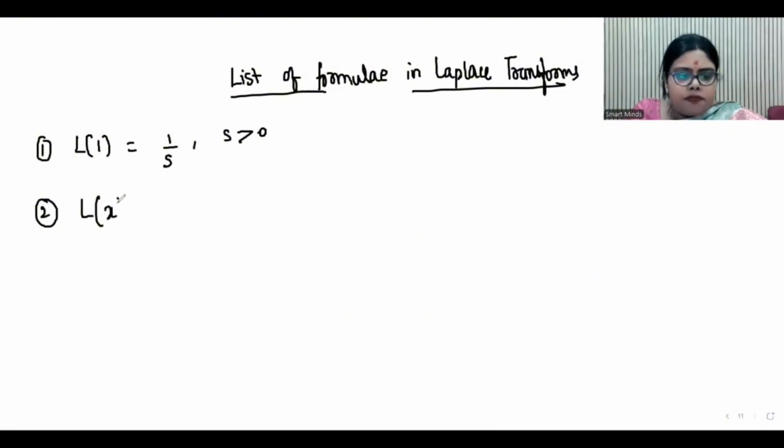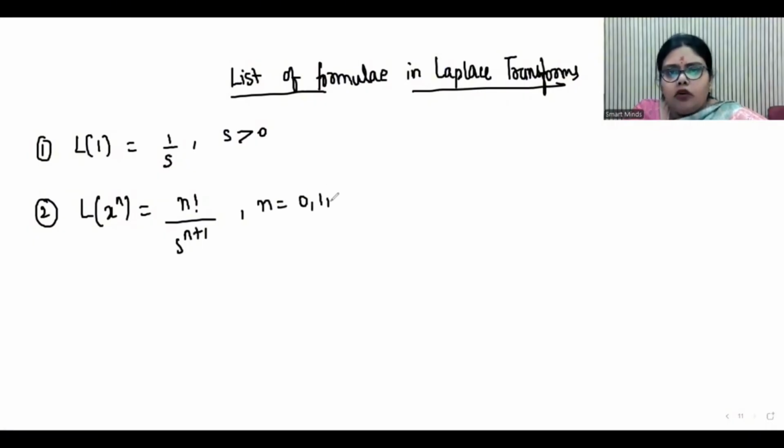L of x^n is n factorial by s^(n+1), where n is 0, 1, 2 and so on. Number 3: L of e^(ax) is 1 by (s minus a), where s is greater than a.